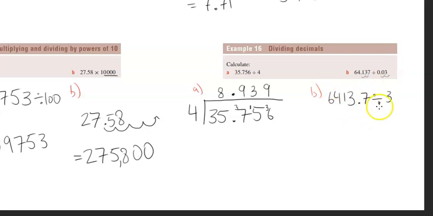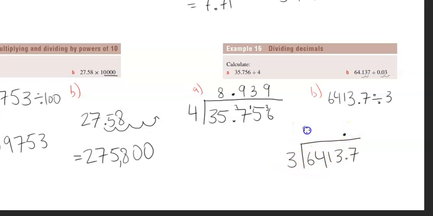And remember, this and this mean the same thing, but it's now easy to carry the division because our divisor is a whole number. So we're seeing how many 3's go into 6413.7.